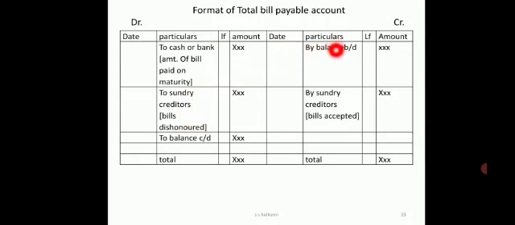So on the debit side we have only two items, that is the opening balance of bills, and the new bills issued by the creditors, that is bills accepted. So only two items. On the credit side we have the amount of bills which are being paid on maturity, and the total amount of bills that have been dishonored during the year, and the closing bills payable.